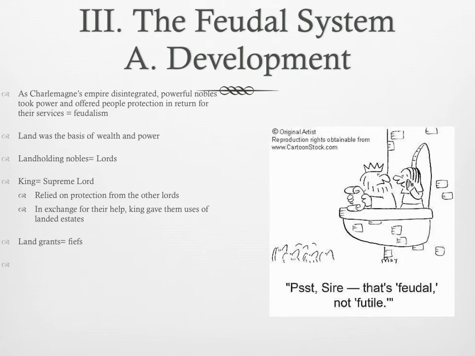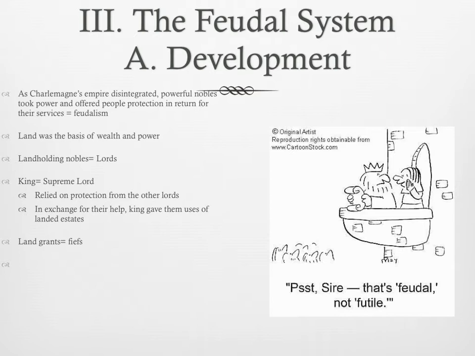Okay, the feudal system and its development. So after Charlemagne's empire disintegrated, you remember from the last lecture that it had problems from within, meaning you had a bunch of people arguing over who should have what land, and then there were problems from without, meaning all of the barbarian tribes and groups that were putting pressure on the empire. So after that had pretty much dissolved, you have a bunch of powerful nobles who've been able to maintain their power in their land, and they're able to even grow more powerful because they can offer people protection in return for their services.